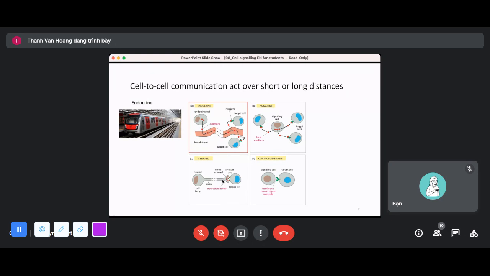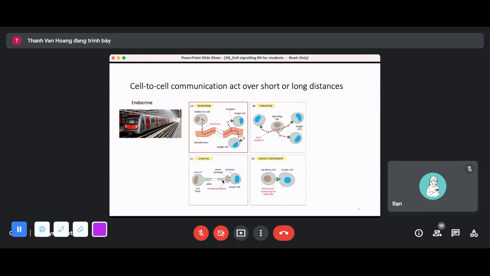So all the cells in our body can receive the signal, right? I guess no. No? Okay. Yes. You guess? Yes. For example, sexual hormone or growth hormone.